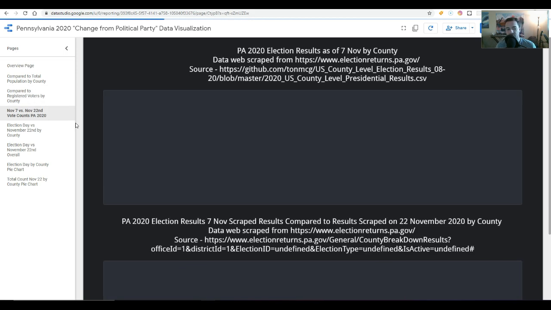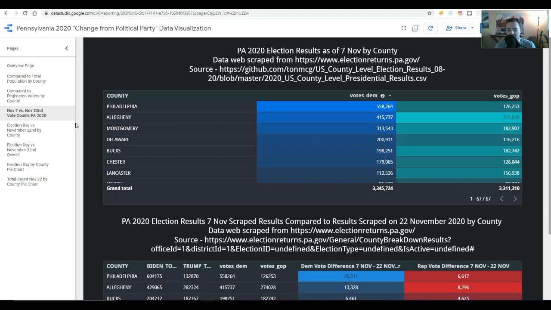Okay, cool. So now we're getting into where I kind of went outside of the scope of the original project, which is okay because it's kind of an interesting look at this. So I actually got this data from another researcher who had posted this stuff on his GitHub.